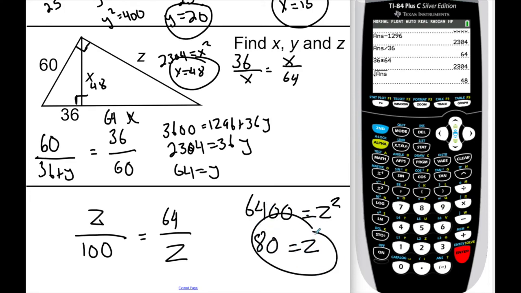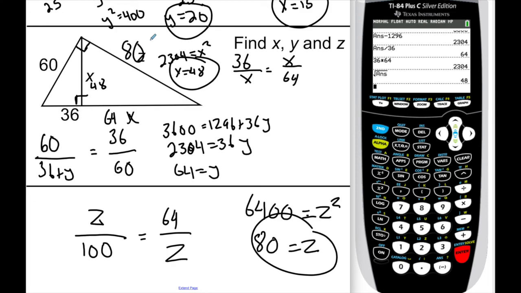So think about it. In my opinion, and you can disagree with me, I truly believe that this was way easier to do the z over 100 and 64 over z than it is to do 64 squared minus 60 squared. My personal opinion, you can feel free to disagree with me, but that's what I believe in that regard.